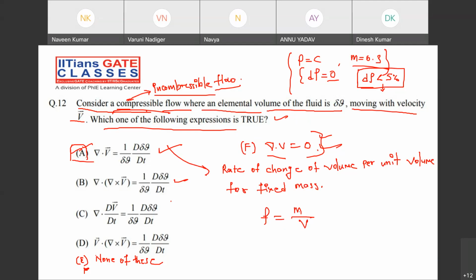Density is nothing but mass per unit volume, and mass is already constant, that is already in the statement of divergence of velocity. So if density is constant, definitely volume is constant and not going to change. Then the rate of change of volume is going to be 0, am I right? Yes, sir. So del dot V would be 0 for incompressible flow.